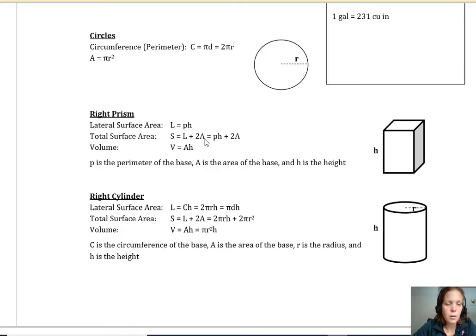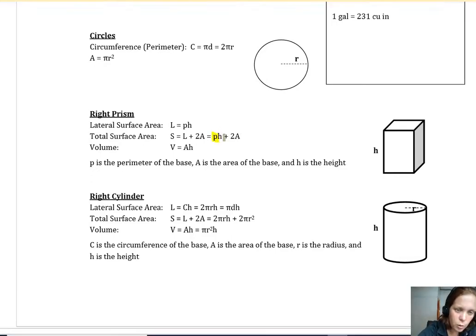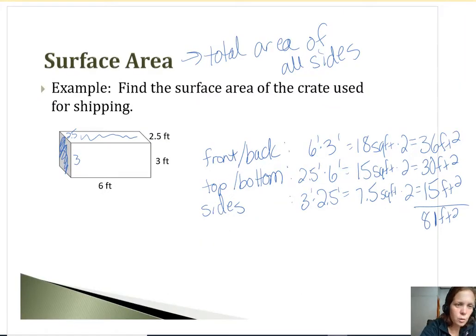Total surface area, what we have as a formula here is perimeter times height plus 2a. So this is looking at it a little differently than just adding everything up. So perimeter times height. Perimeter is the perimeter of the base. Okay, so P, I'm going to use some highlighting here.